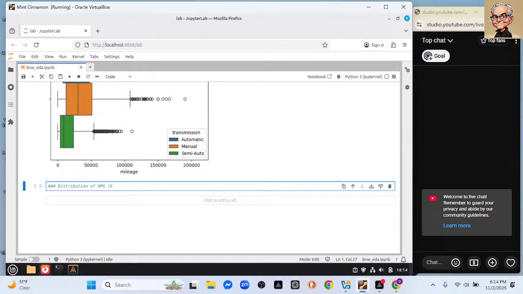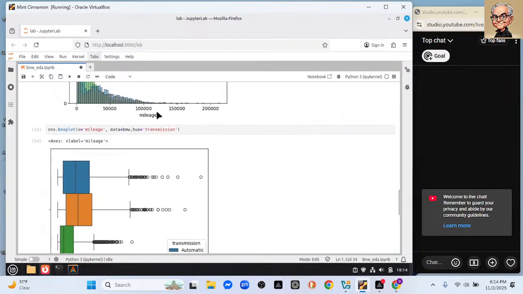So this is liters per 100 kilometers. Okay. Oh, shoot. What do you want to do here?